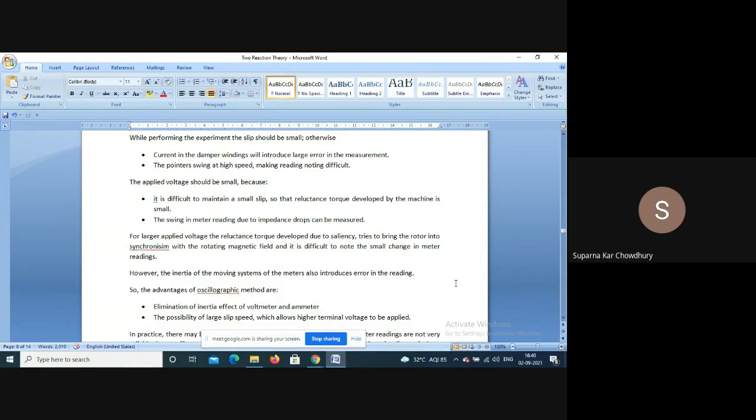Whenever there is a speed difference between the rotating magnetic field and the rotor, there will be a voltage induced in the damper winding, and current will flow, which will try to synchronize the rotor. So if the voltage is large, the induced current in the damper winding will be large also, and it will introduce error in the reading, and it will always try to pull the rotor to synchronous speed.